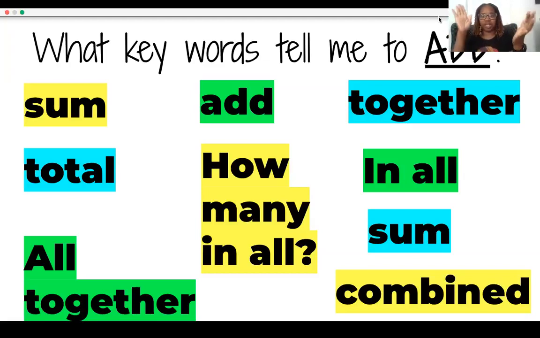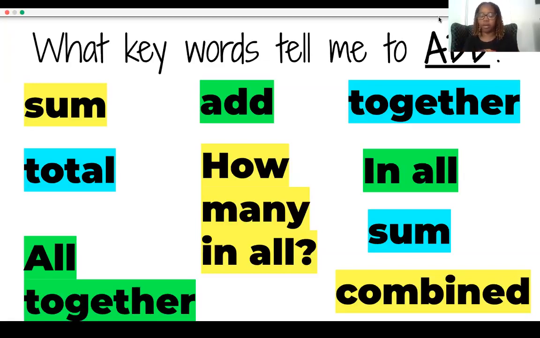That way it's compact, they have it with them, it is right in front of them when they are working out a word problem until they get comfortable, right? So this is not something that they have to have forever, but as they're working on those word problems, just making sure that they're actually going to be able to solve them and get the right answer because they're using the right operation.